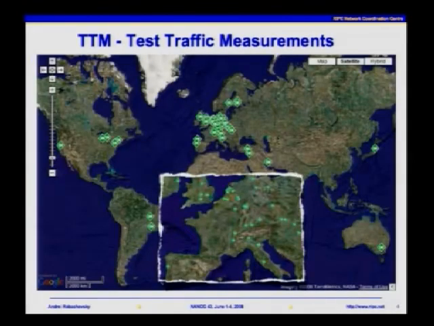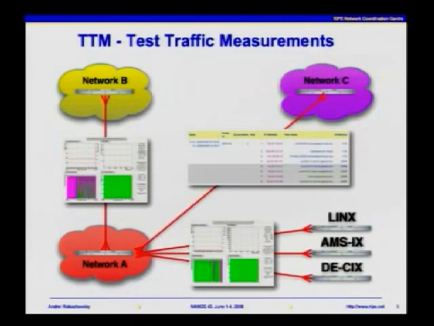Well, if you look at the map of TTM, you would see that mostly it's Europe-centric, but we're also very interested in actually increasing the presence of TTM probes in the Americas, Africa, and Asia Pacific region. This is what one would expect from a traditional TTM service.